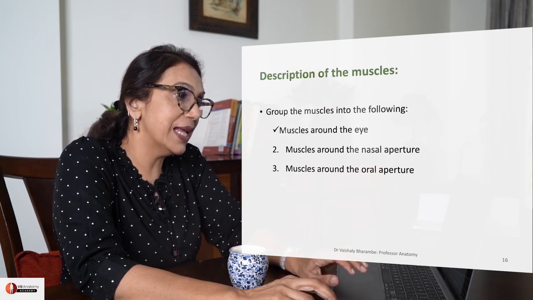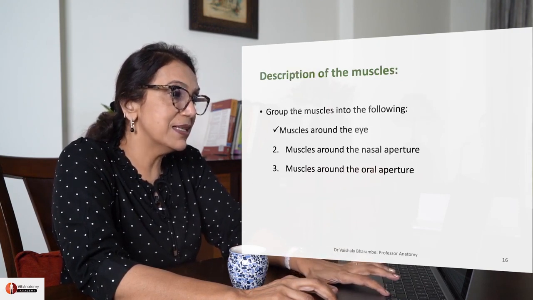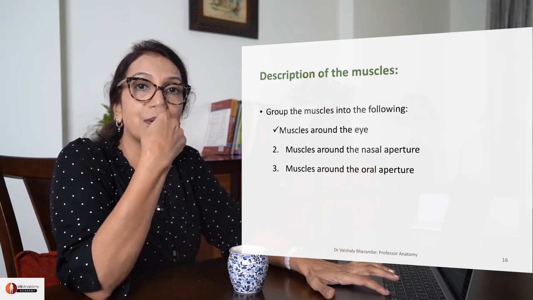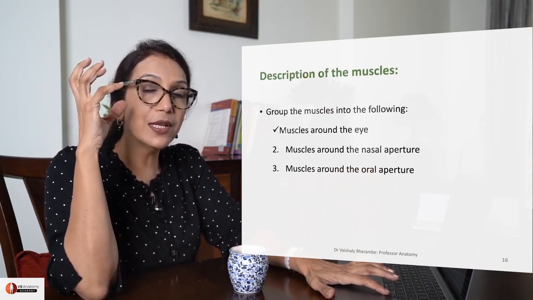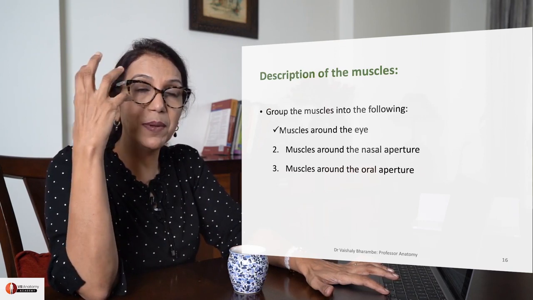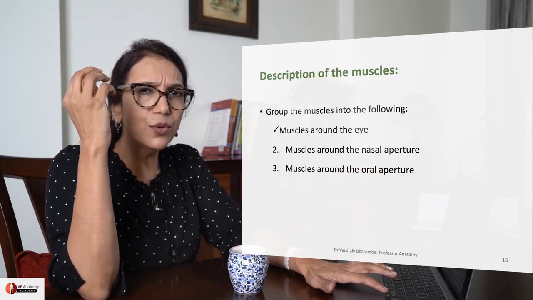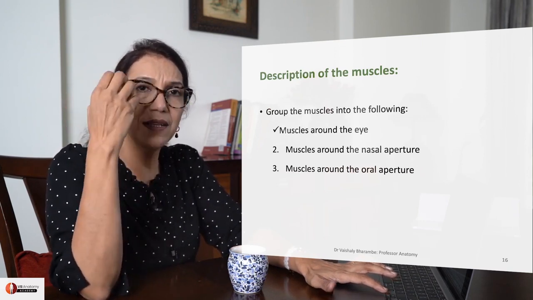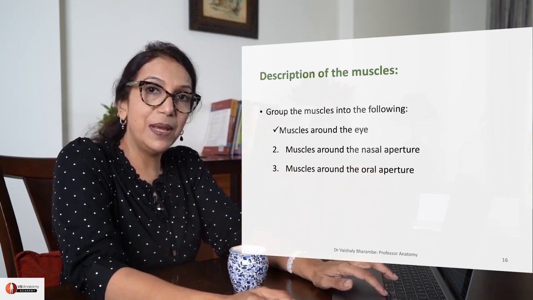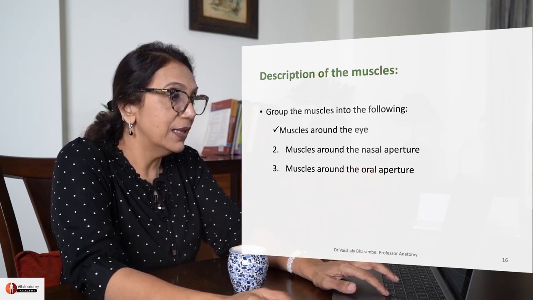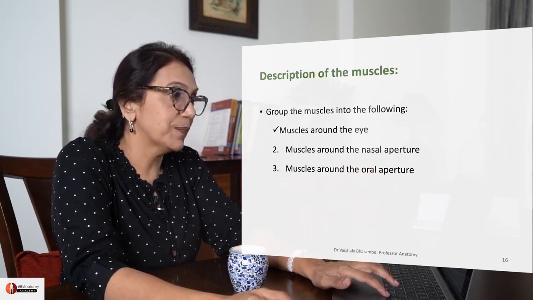Now let's go to the next group of muscles, muscles around the nasal aperture. Okay, so you studied how your eye was controlled. Orbicularis oculi would close it, levator palpebrae would open it, corrugator supercilii would affect the surrounding, and so would the frontal belly of occipitofrontalis.